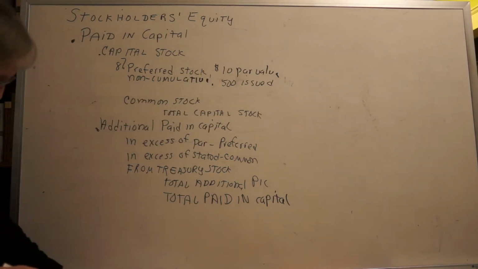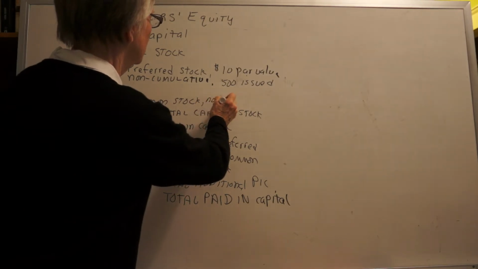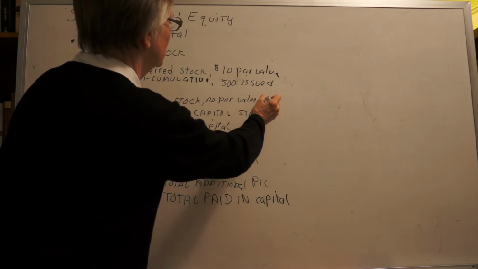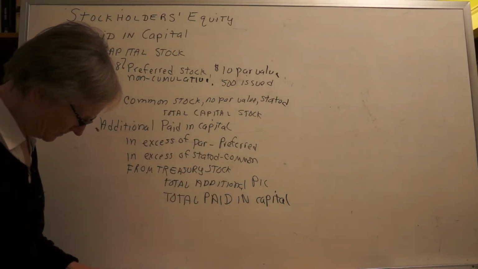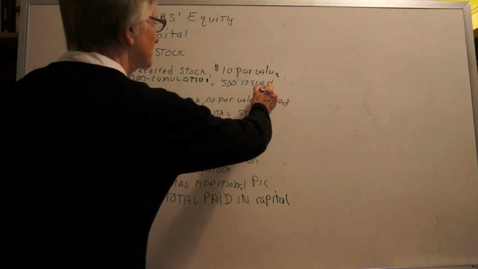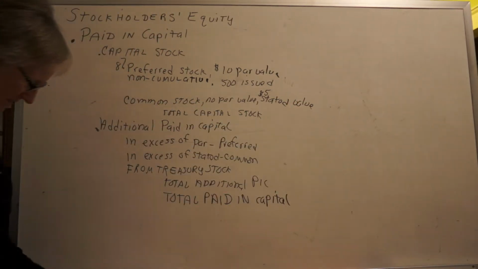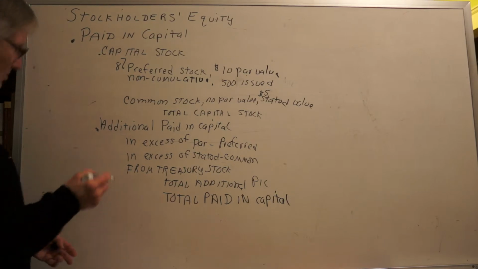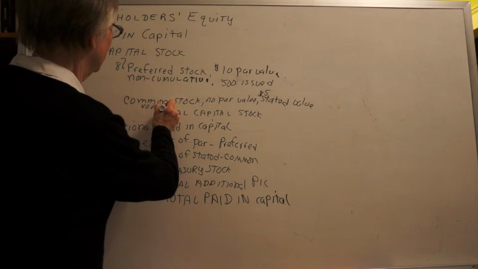The common stock, we would do the same thing. This has no par value, but it has a stated value of $5 per share. You would also say there were 4,000 shares issued and 3,900 outstanding.